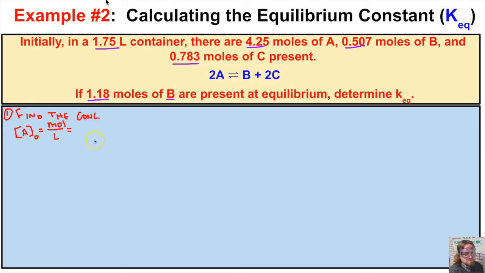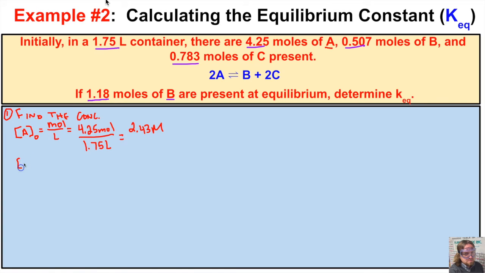That's the molarity of this substance A. So the molarity here is going to equal the number of moles, which is 4.25, divided by the volume of our container, which is 1.75 liters. And when we put this in our calculator, we're going to end up with 2.43. So we have 2.43 molar as our concentration initially of A.